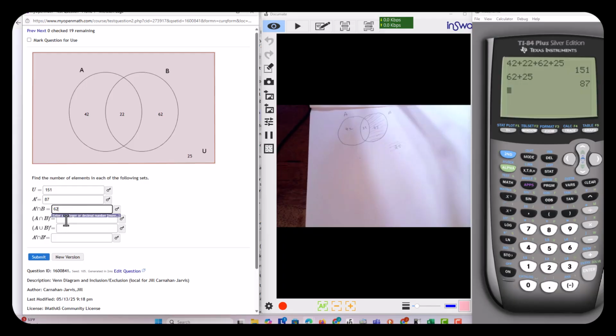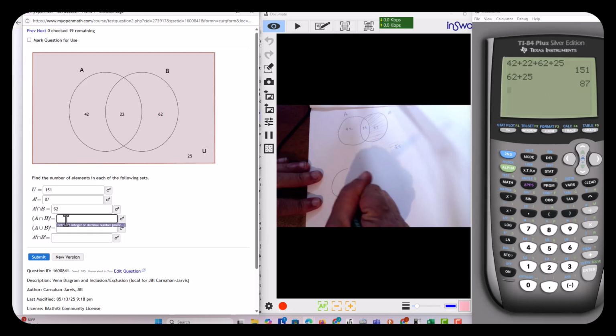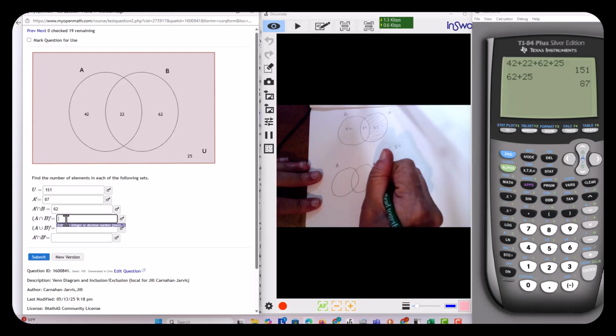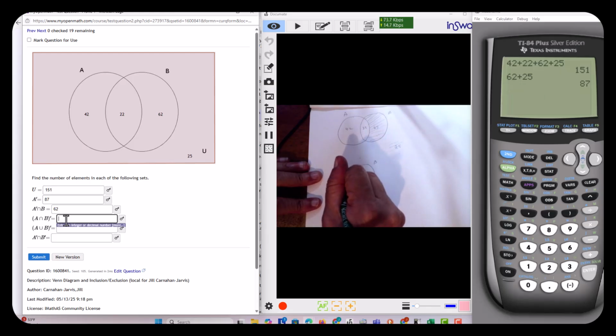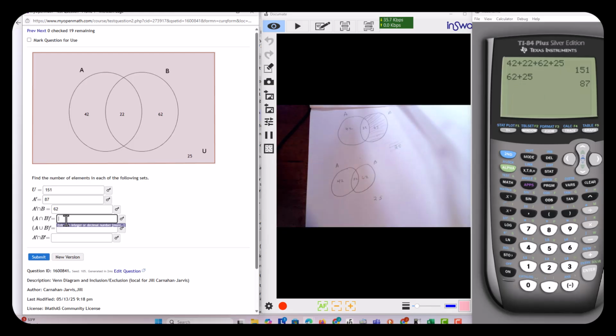Okay. Now, let's draw it again. Let me see if I can find our pencil here. So let's do the A intersect B part first.